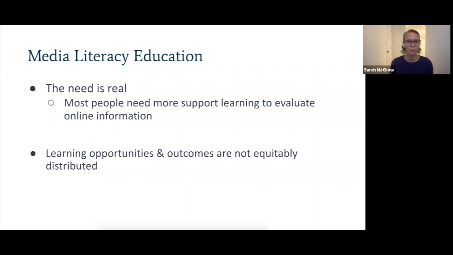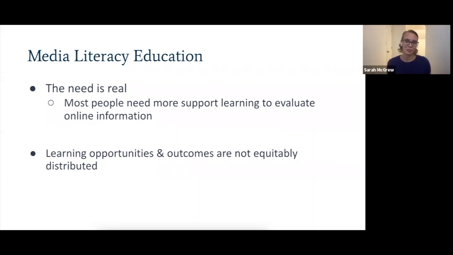So they do things like jumping to evaluate content instead of considering where information was coming from and whether that source is reliable. Or they're often taken in by evidence that seems really persuasive. So things like videos or photographs or charts and infographics. So those are ways that young people need more support learning how to evaluate online information.